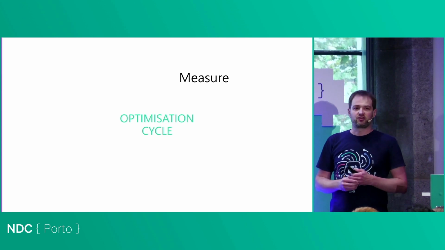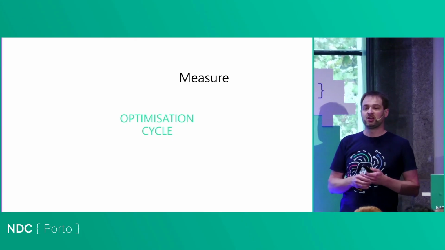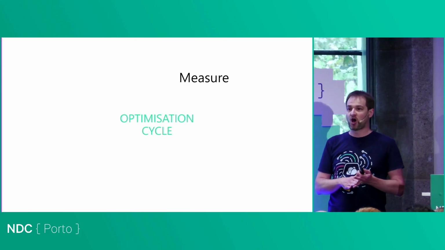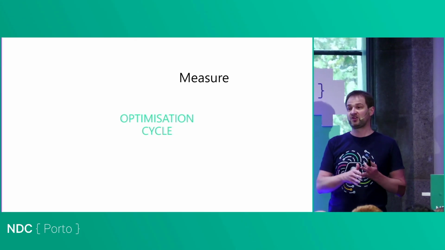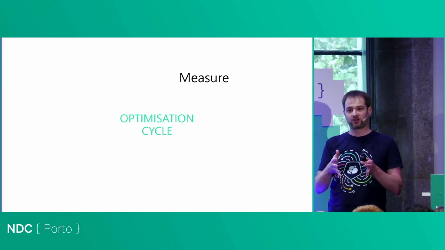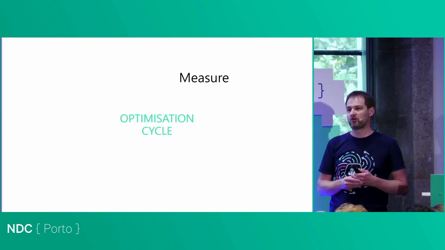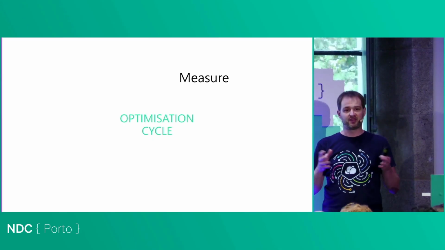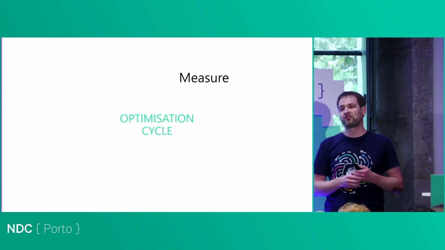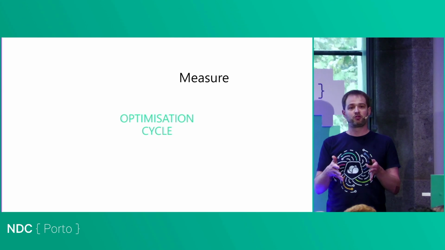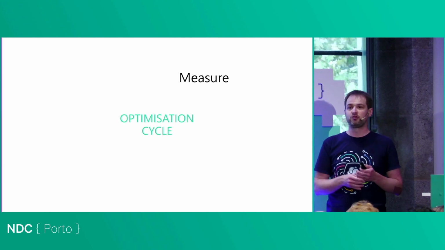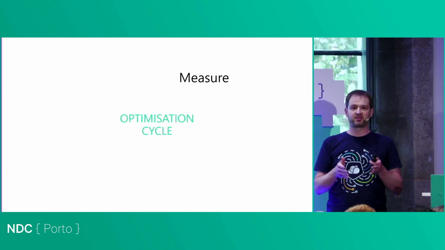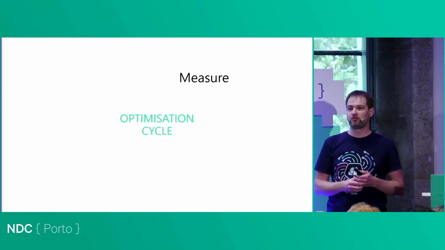Then when we start actually looking at where we should be spending our time in our code, we want to start with sort of higher level tools that allow us to profile CPU and memory to start to give us a sort of guidance of where we want to start optimizing code. So we'll talk about a few of the tools in a moment, but the basic idea is we want to know what are the hot paths in the application so that we can go and focus on where we could improve that code base on those hot paths, because that's going to give us the most gain if it's code that's executed most often.